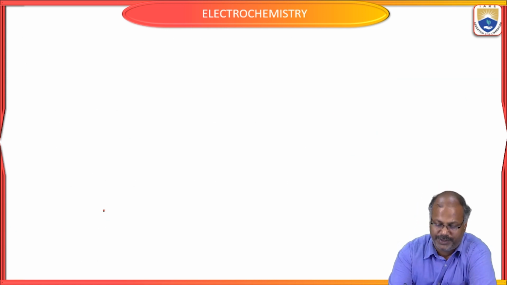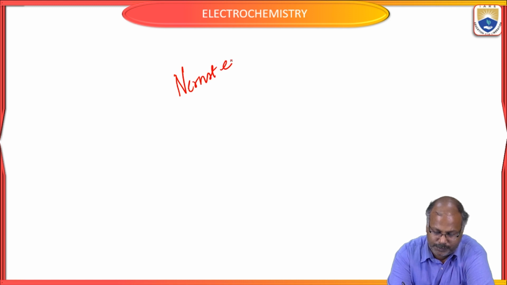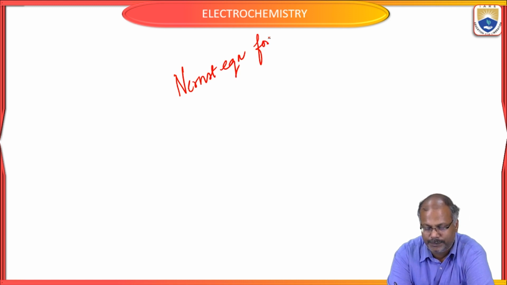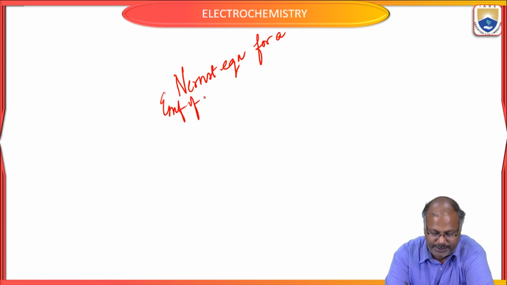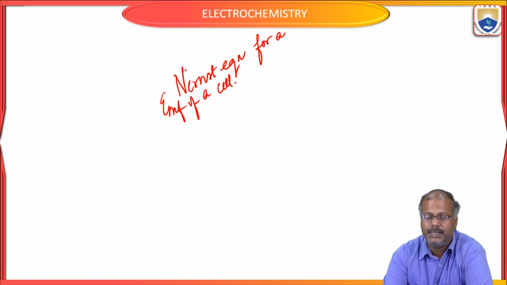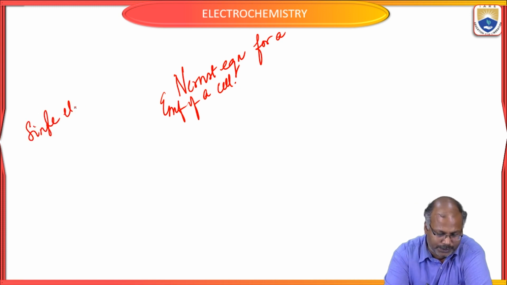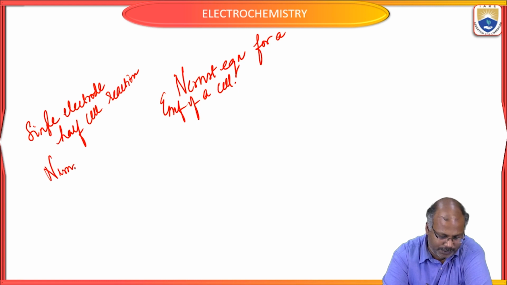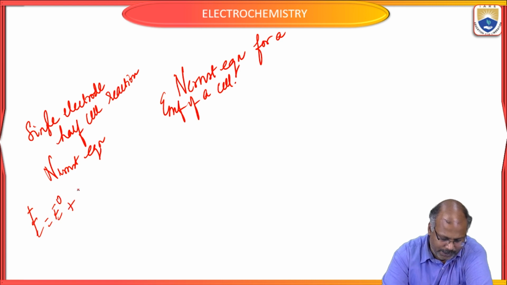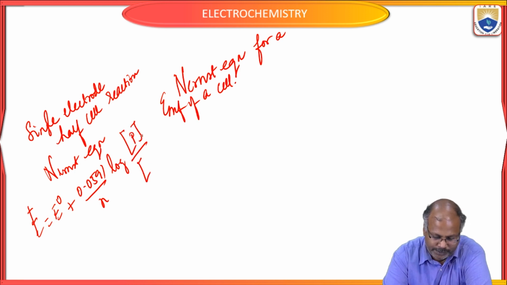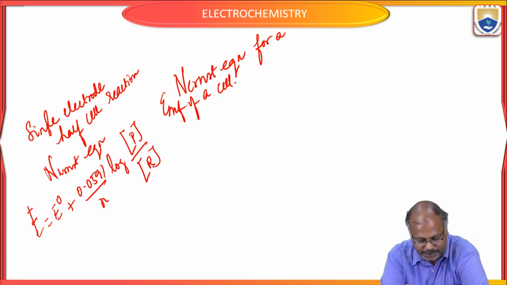Okay, now we come to the Nernst equation for the EMF of a cell. We have seen so far a single electrode. For a single electrode half cell reaction, let's see, the Nernst equation is E is equal to E naught plus 0.0591 by n logarithmic concentration of product by concentration of reactant.